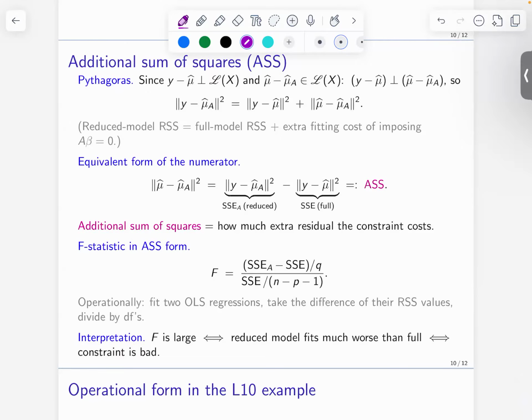Yeah, so another way of seeing it is that this can be large if this guy relative to this is large. So it means that the fit of the reduced model is bad. This is small if they're kind of the same. So you fit the larger model, you fit the smaller model, and the SSE doesn't change much. You're probably under the null, so it's good to not reject the null.